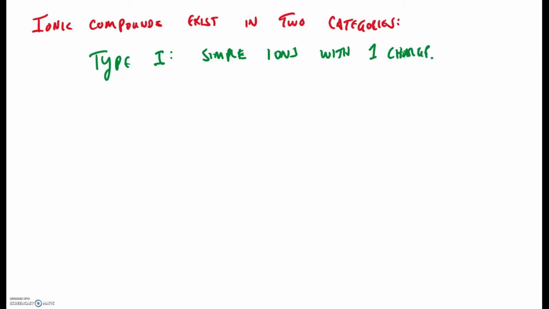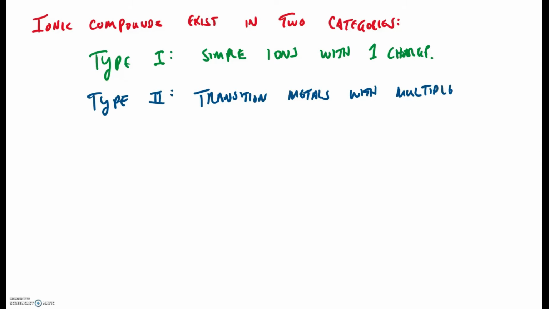And of course, you can probably deduce that that means that any time we have a type 2 ionic compound, those are going to involve transition metals with multiple charges. And we're going to want to keep in mind these multiple charges because they form different compounds.